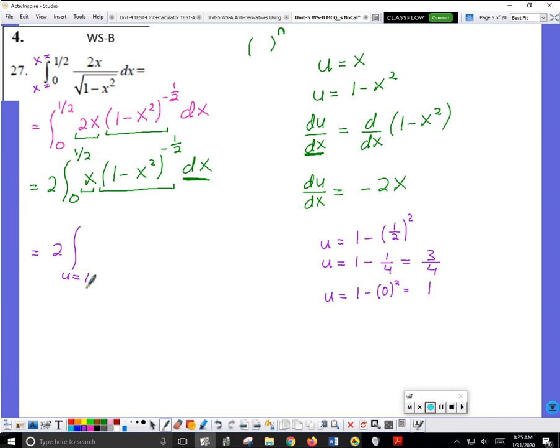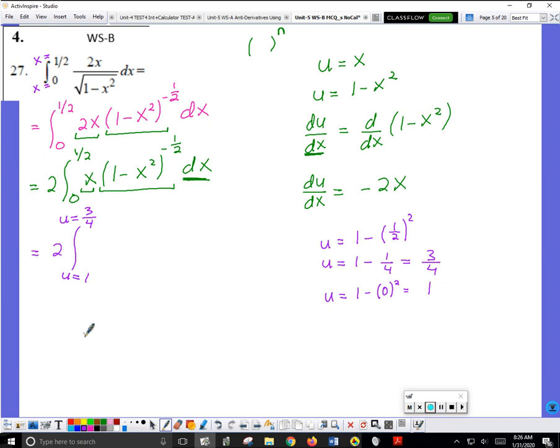You don't have to write u equals, that's just me emphasizing the change. The integral looks a little funny because they switched places, like the higher is on the bottom. But you can't control that, so just leave it. When x is 0, u is 1. When x is 1/2, u is 3/4.